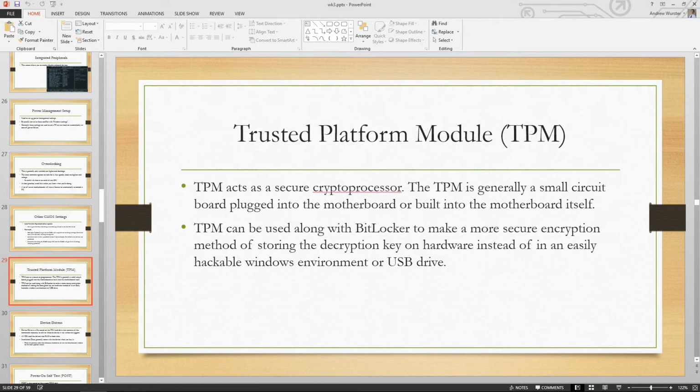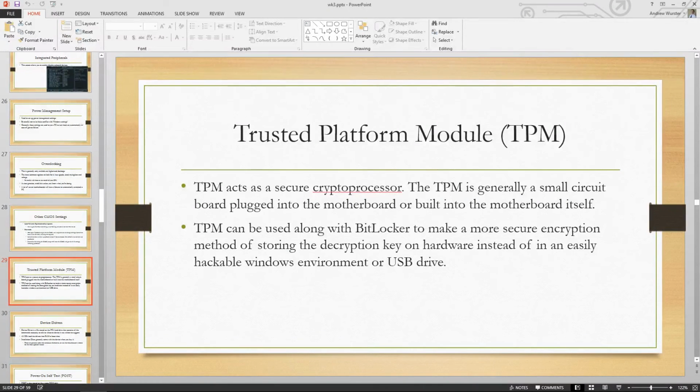So, this is Trusted Platform Module. It's a small circuit plugged into the motherboard or built into the motherboard itself. These haven't been used in a while, but you'll see them every now and then with BitLocker to encrypt files.